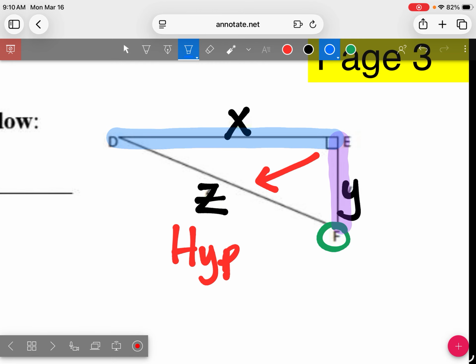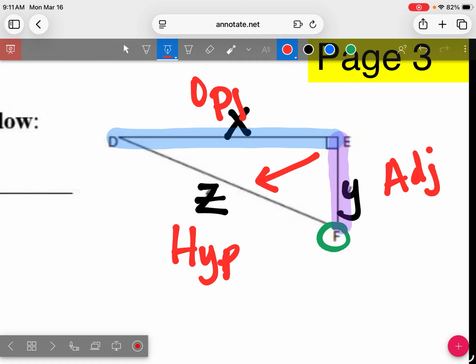Does everyone notice that the Y is right next to F? It's literally connected to F. That means Y is your adjacent side. X is across from angle F. That would be my opposite side.